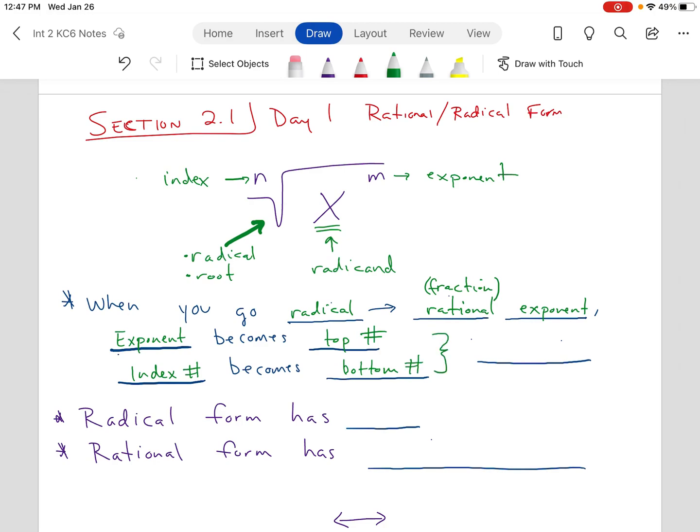And again, this is in a fraction. Okay, and I'll show you an example of that in a little bit.